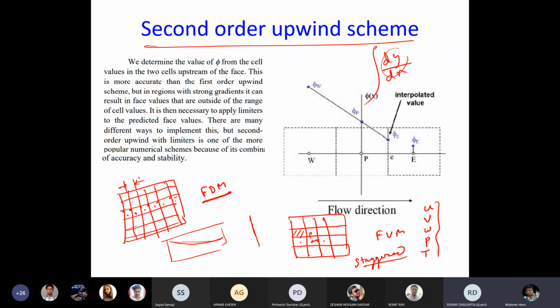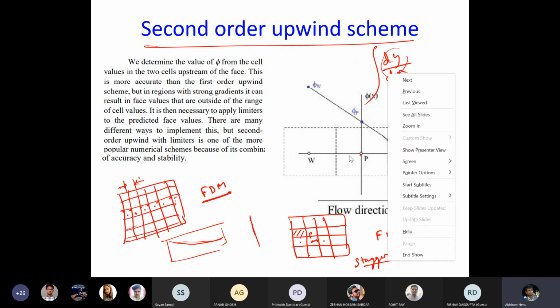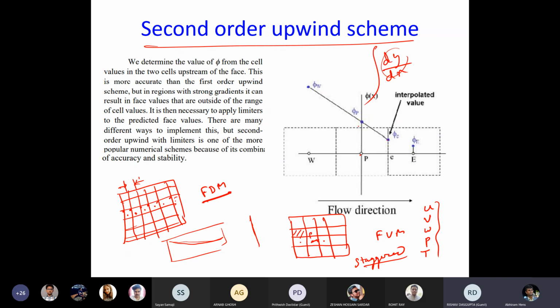So that's why we are using these interpolation schemes, first order, second order. First order was showing that if you have a P value here, you just consider that same value here at the face. But in second order, instead of taking this first value, you consider the earlier cell value, join these two with a straight line and interpolate.